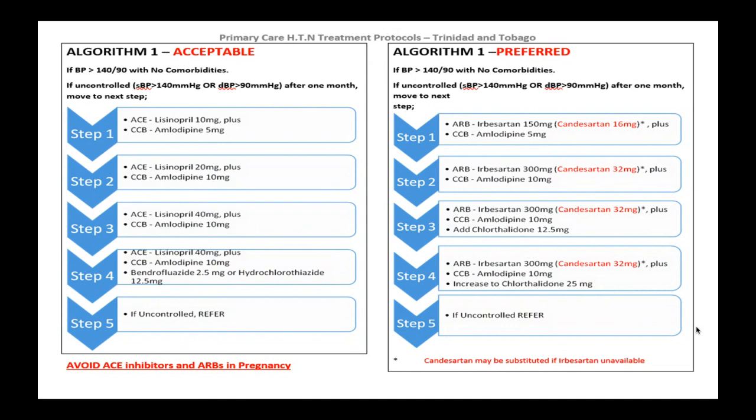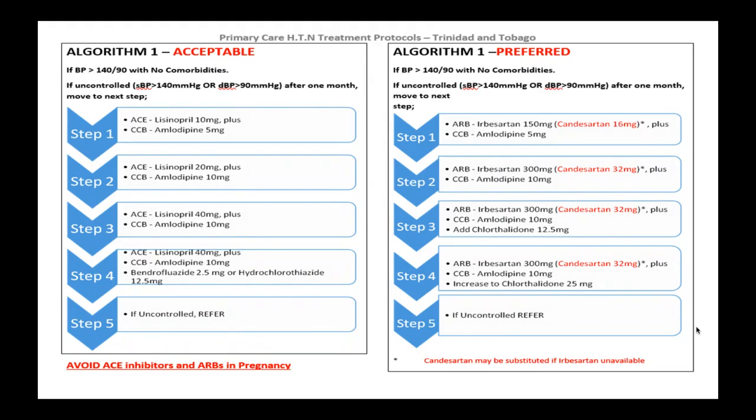Eventually, they would like everyone to accept this algorithm of managing hypertensive patients, not only in the public sector but also in the private sector. Very soon we'll talk a little bit about the HEART initiative and what's been done in Trinidad so far.